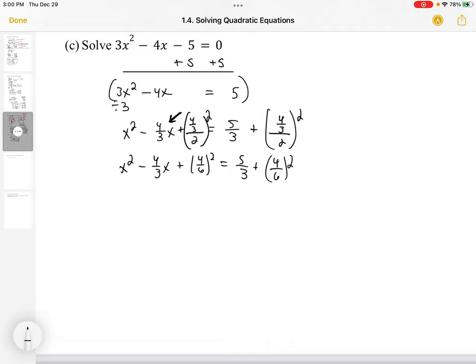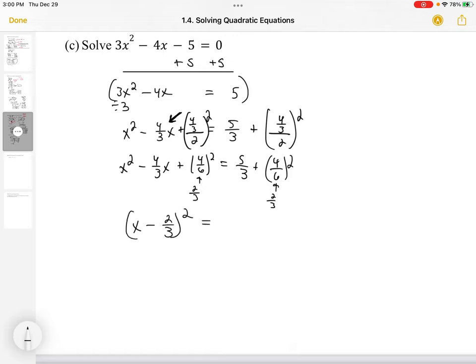For the record, this can be simplified as 2/3. So that's going to be 2/3 squared, which is 4/9. We'd end up factoring that as x minus 2/3 squared.